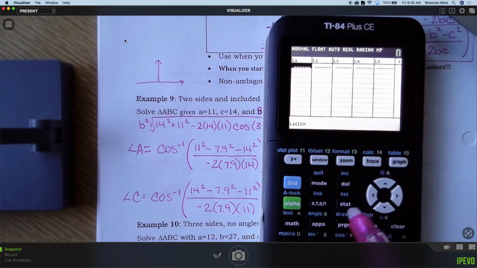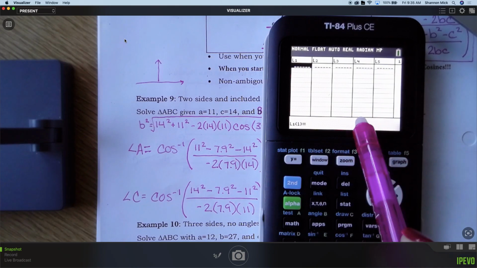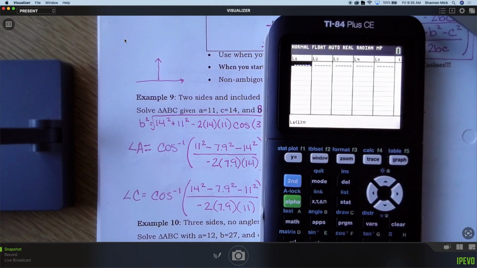Now, I am going to tell you right now, those taking calculus next year, I would suggest that over the summer, right before school, you watch for sales and you buy your own calculator. Those going to college will need to have their own calculator as well because they're going to require you to have one. But watch for them on sale because you can usually get them for about $98.